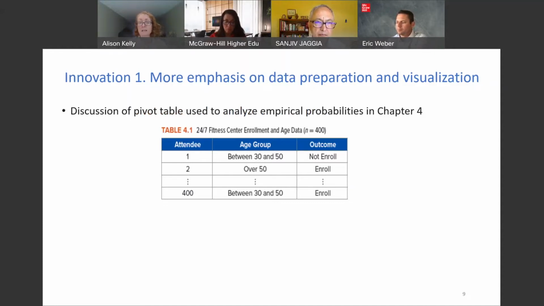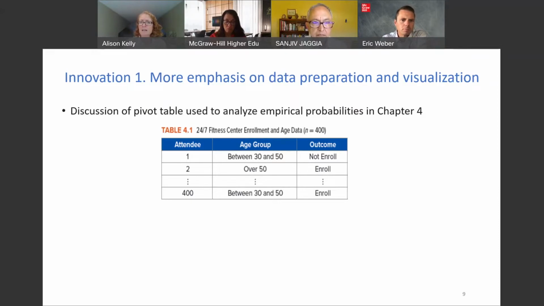So most of us, I know I was one of these instructors, when I started talking about probability, I just started with the contingency table and talked about what a contingency table was. But now what we want the students to do is to actually construct the contingency table from this raw data so that they would understand that they're dealing with two categorical variables.